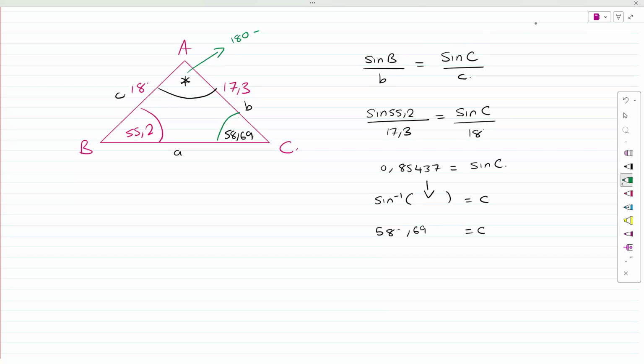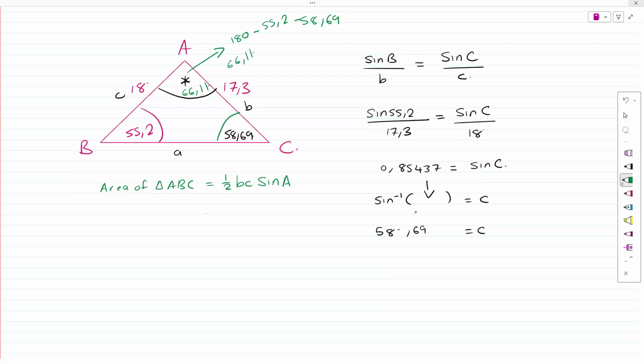That's 180 minus 55.2 minus 58.69. And this answer is 66.11, right? 66.11.